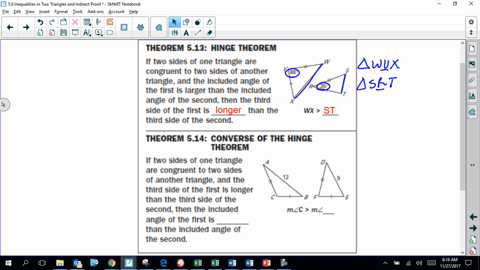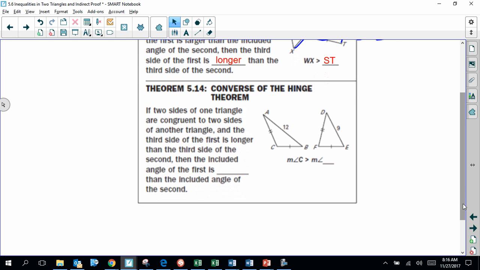And the converse of that would be if I know two sides and the included angle is missing, then we want to know which angle is the bigger angle or which angle is the smaller angle. Looking here, we see that segment AC and segment DF are the same, segment CB and segment FE are the same. So we're looking at angle C and angle F as the included angle between those two segments.